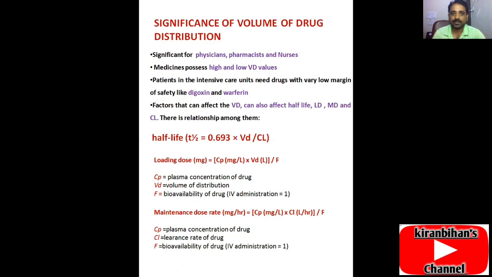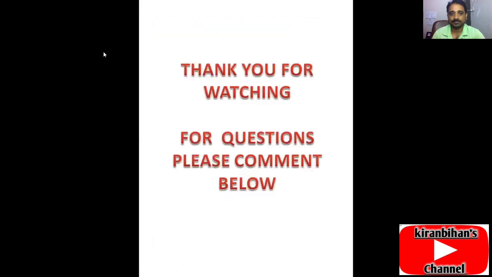So we can see the volume of distribution has importance, and it is equally important for all healthcare professionals to know about the statistics and calculation of the volume of distribution of almost all drugs.